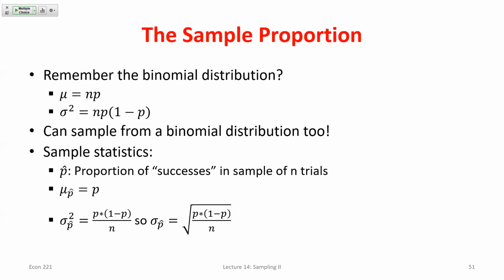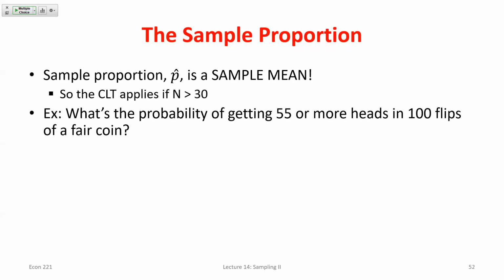Once we know that this is going to be the case, as long as we've got sample sizes over 30, we can think about what the distribution of my sample proportions looks like.